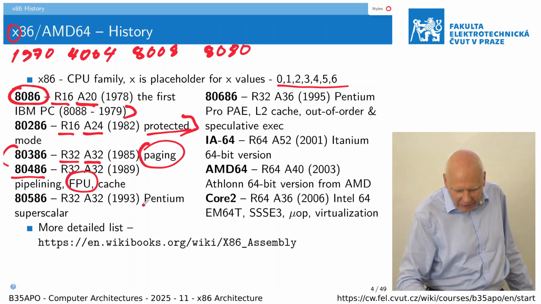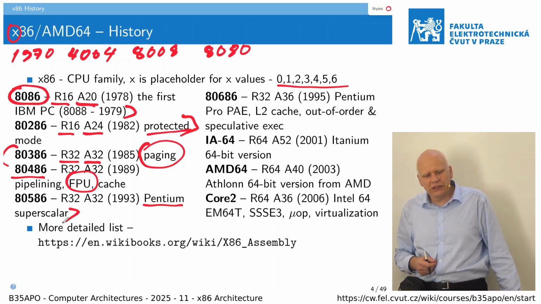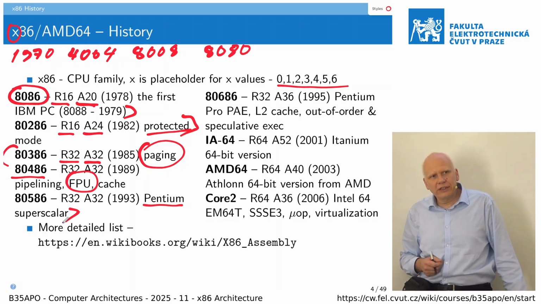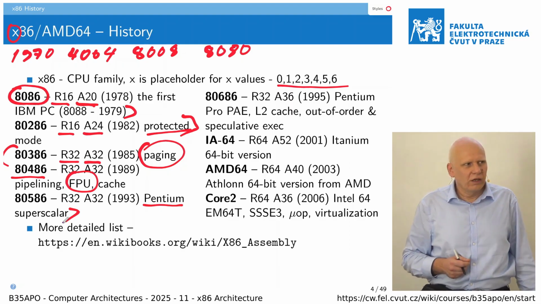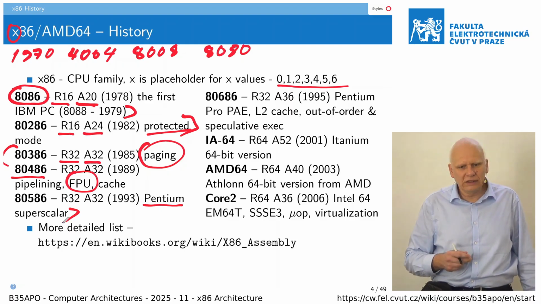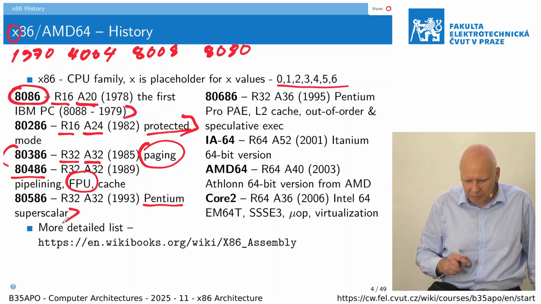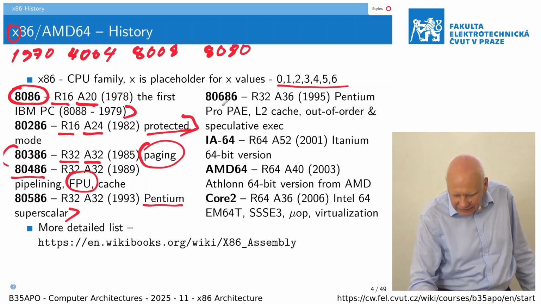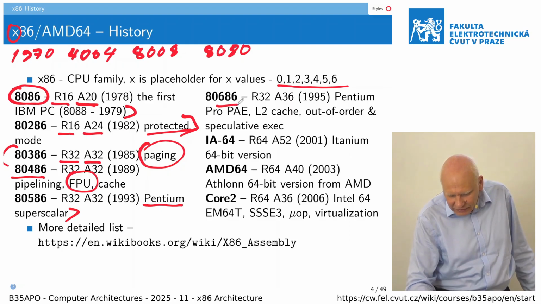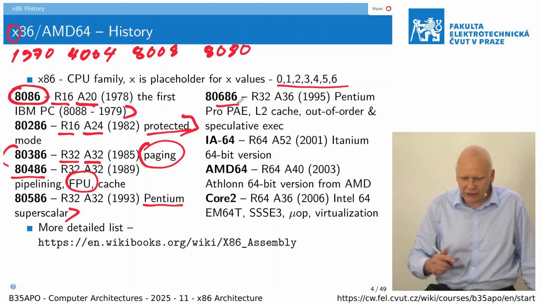Then at the time of the Pentium, the initial superscalar extension became available, which allows in an optimum situation to execute 2 instructions in parallel, 2 integer instructions, or 1 integer instruction and 1 floating point, because floating point has a separate pipeline.